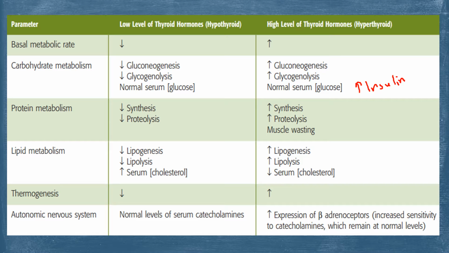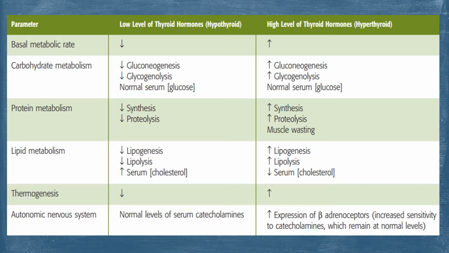In protein metabolism, again there is synthesis and proteolysis, but the proteolysis will predominate, and if chronic and very high, this will result in muscle wasting and fatigue. Lipid metabolism: lipogenesis and lipolysis also, but in the end the lipolysis will be more and we will have weight loss in the chronic stage.